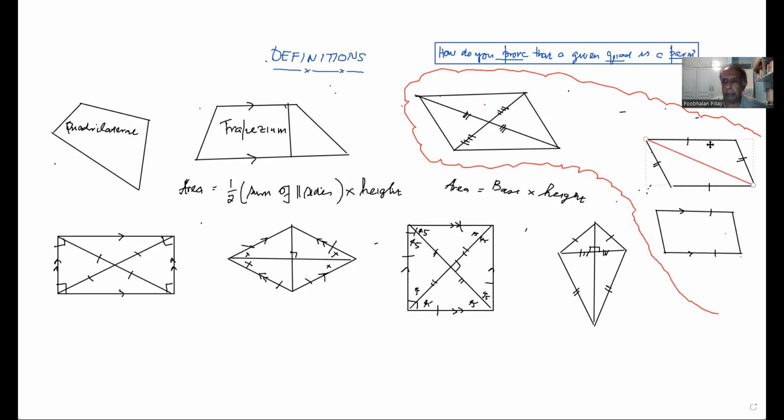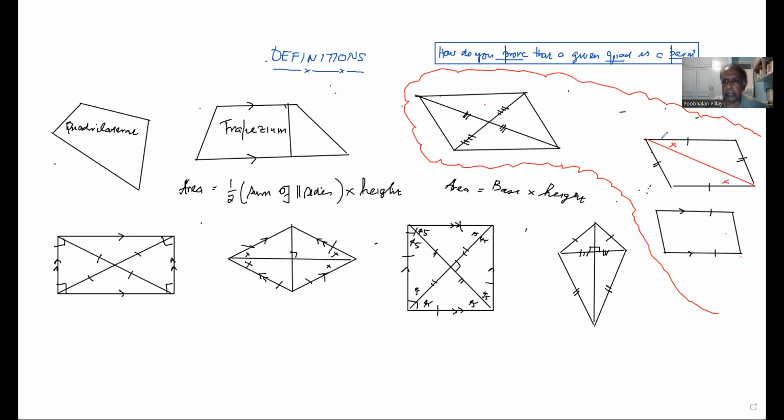You join a diagonal, and you will see that these two triangles are congruent because the three sides of this triangle are equal to the three sides of the other. And once you know that they are congruent, then all the properties are equal. In particular, all the angles are equal. This angle here in this triangle, which is opposite the double stroke, is equal to the angle opposite the double stroke in the other triangle.